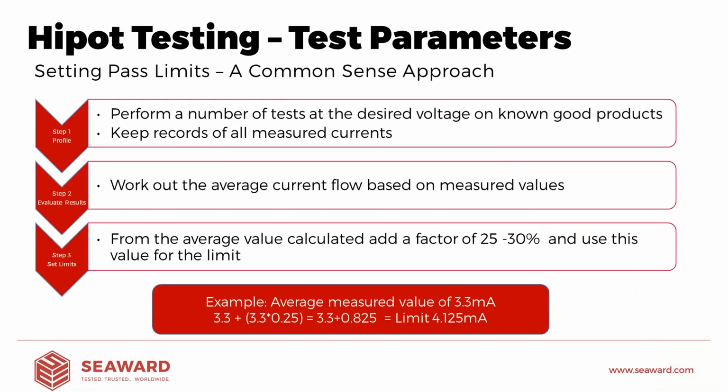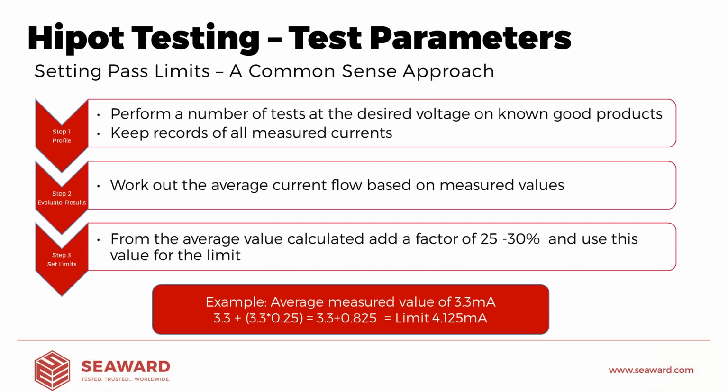So if the standard refers to no breakdown or flashover shall exist, then we need to think about how we apply a test limit to our products. A good method of doing that is what you'll see on screen. Firstly, take a number of known good products and perform the test at the specified voltage a number of times on each product and keep records of all of those measured values that you take.